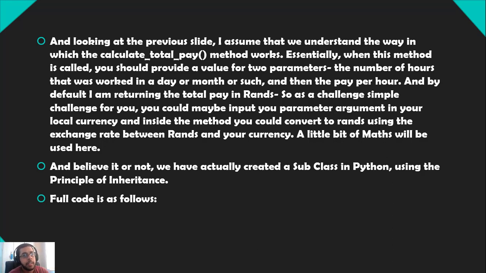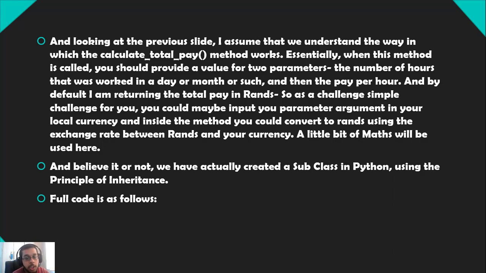And looking at the previous slide, I assume that we understand the way in which the calculate total pay method works. Essentially, when this method is called, you should provide a value for two parameters, the number of hours that was worked in a day or month or such, and then the pay per hour. And by default, I am returning the total pay in rands.